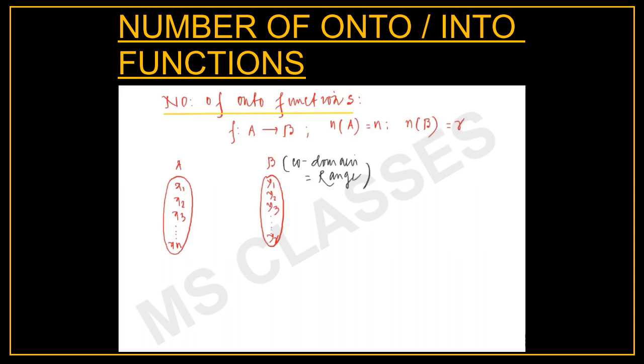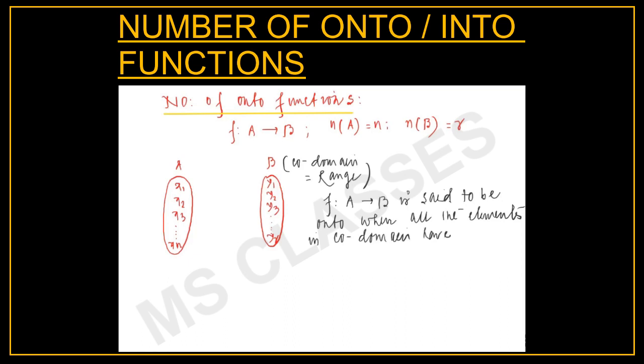When all the elements in the codomain have pre-images, then the function is onto. So write it down: f maps A to B is said to be onto when all the elements in the codomain have pre-image.